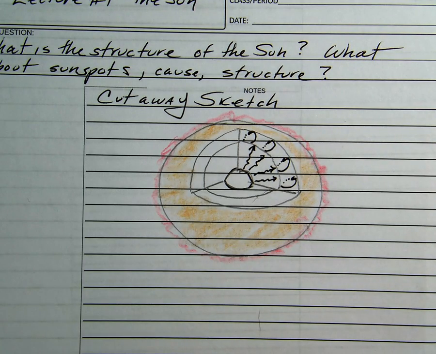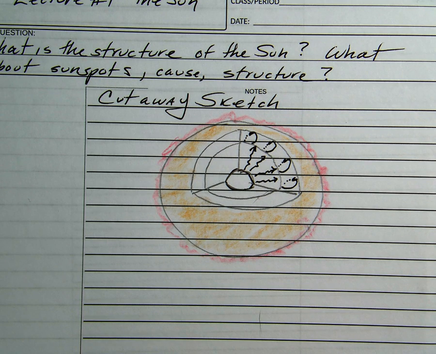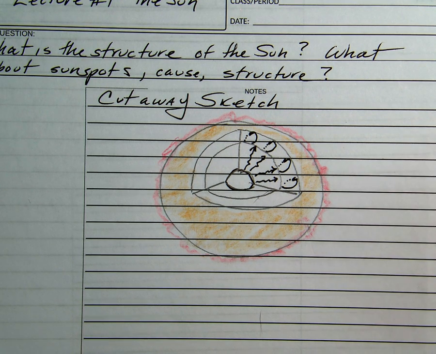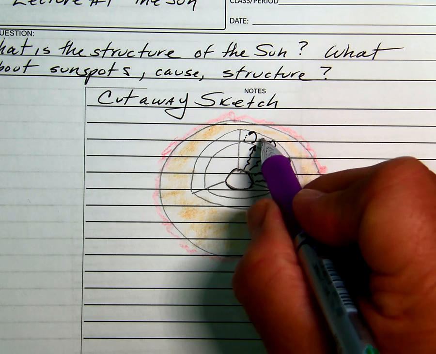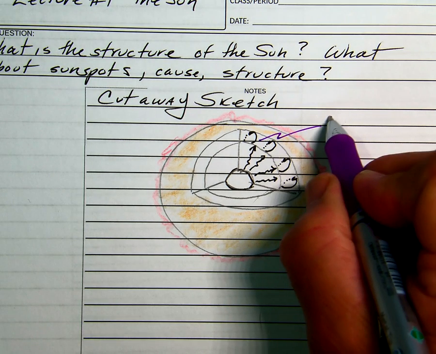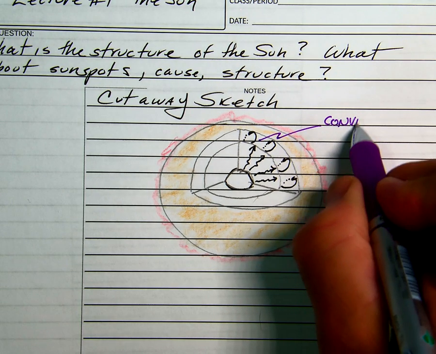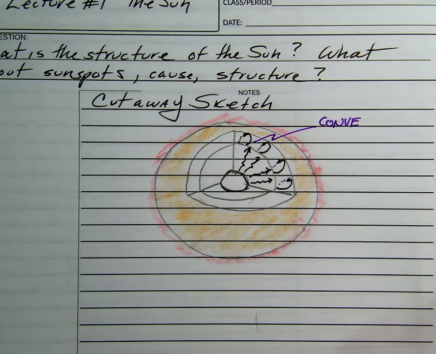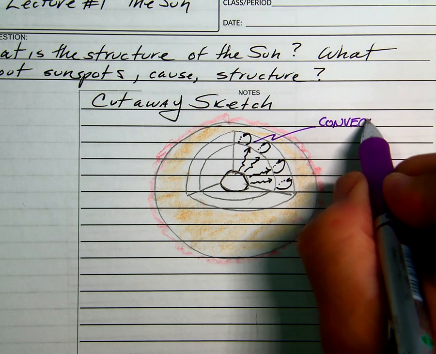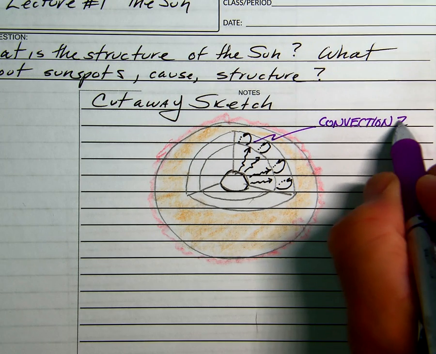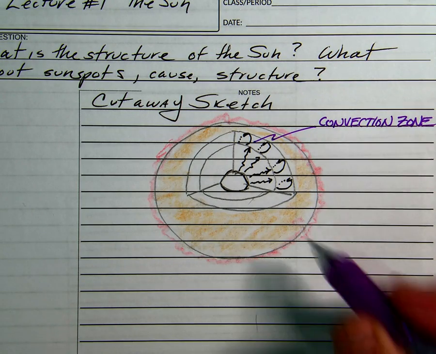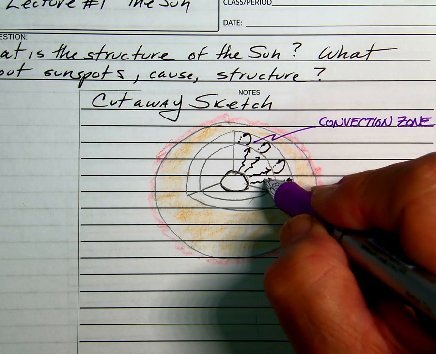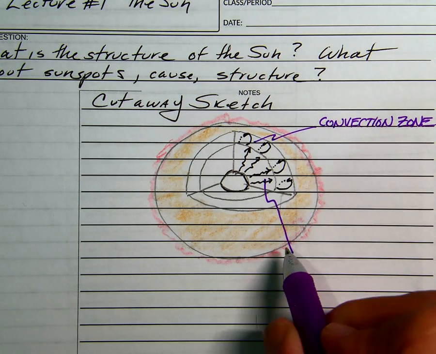And let's start labeling it. I'm going to use a different color. So this is called the convection zone. This right here is the radiative zone.